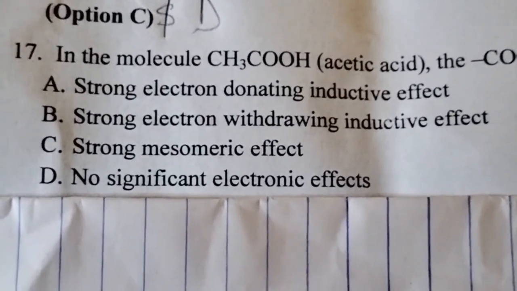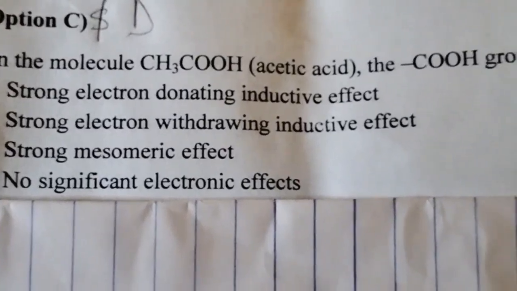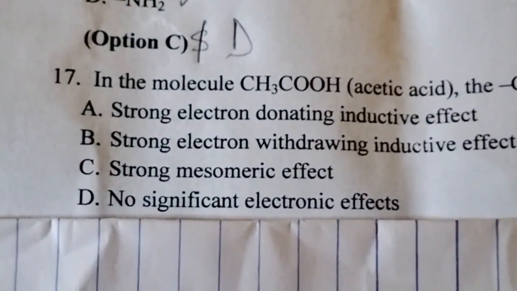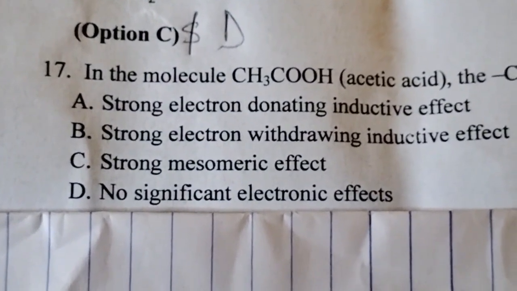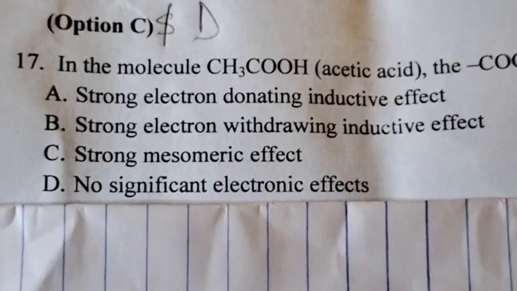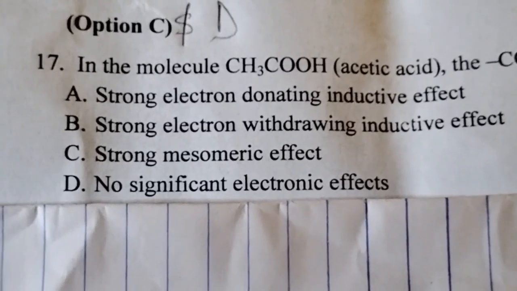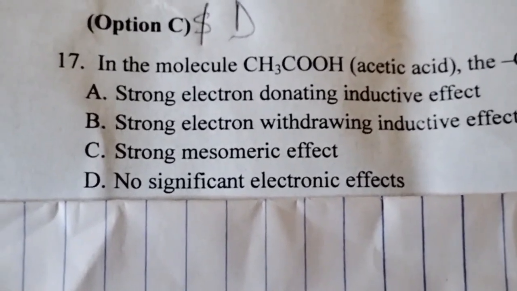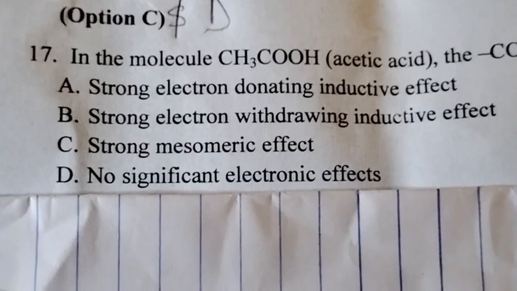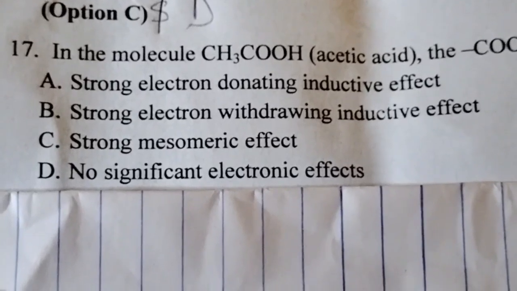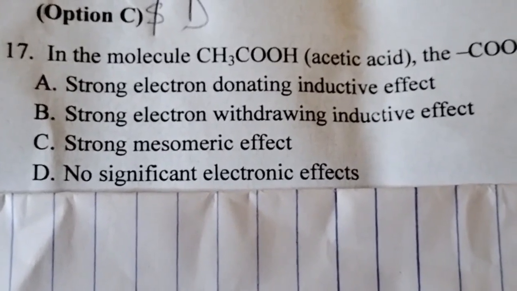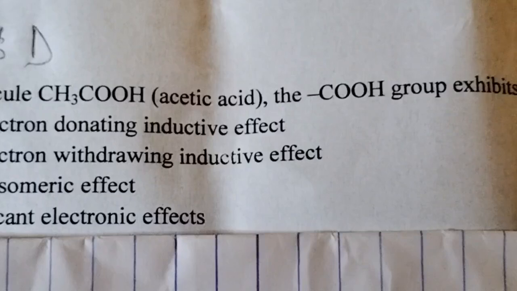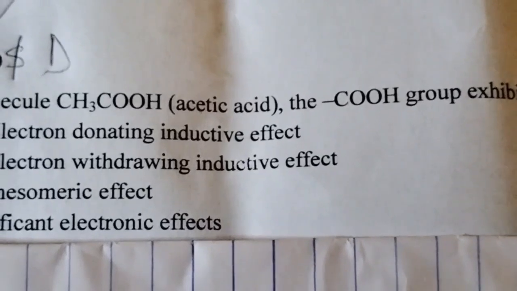Go over to number 17. In the molecule CH3COOH, known as ethanoic acid or acetic acid, the COOH group exhibits: A, strong electron donating inductive effect; B, strong electron withdrawing inductive effect; C, strong mesomeric effect; and D, no significant electronic effect.